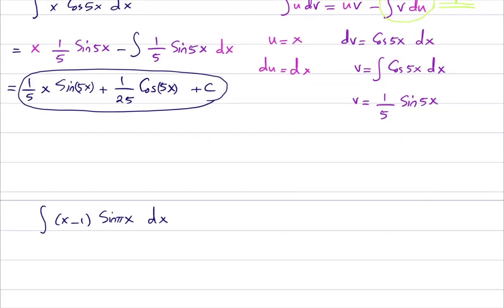So what's the good choice for our u? What is a good choice for our dv? You could simplify this integral into the subtraction of two integrals if it's easier for you.